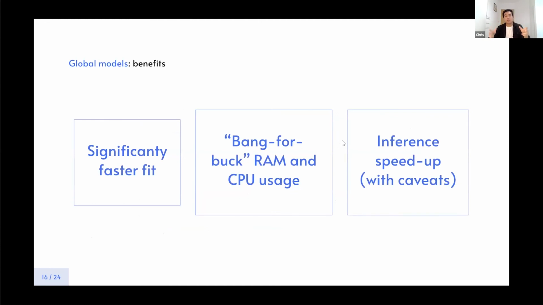So what's the benefit of a global model in the context of industry and production? Well, first of all, it's a significantly faster fit, and I'll show you some numbers right after this slide. But more importantly, you get bang for buck RAM and CPU usage.